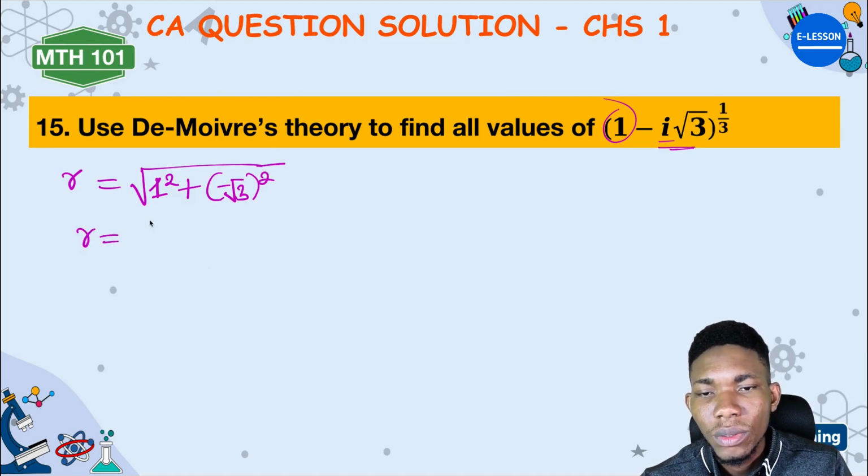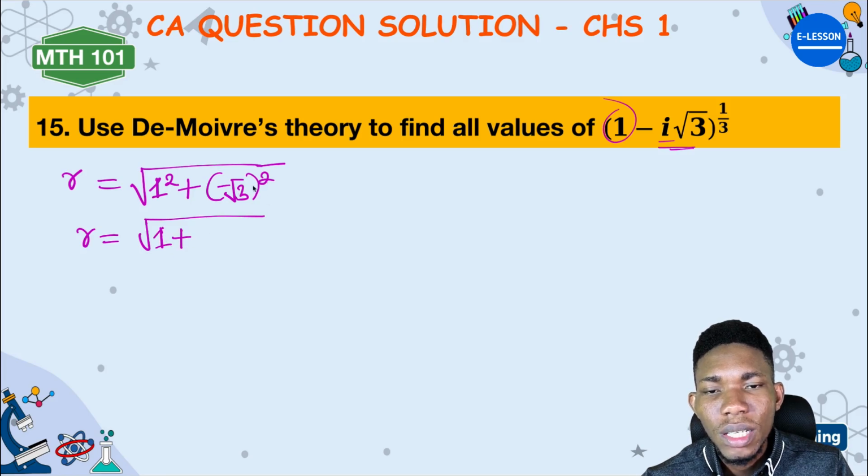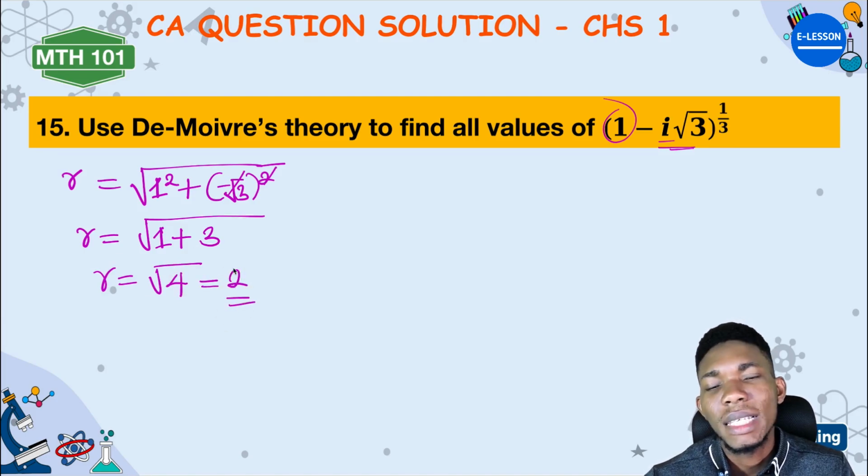So rho will be the square root of 1 squared, which is 1, plus minus root 3 squared. The root and the square cancel, and minus times minus gives plus 3. Rho will now be the root of 1 plus 3, which is how many? 4, which is 2. That's our rho.